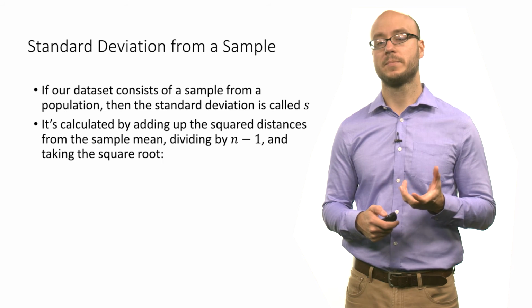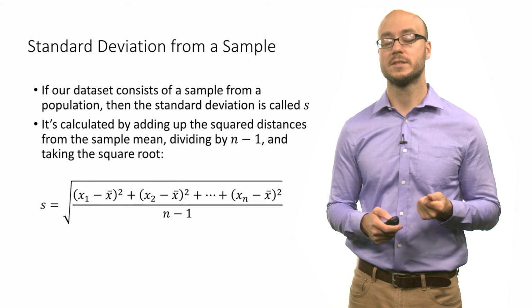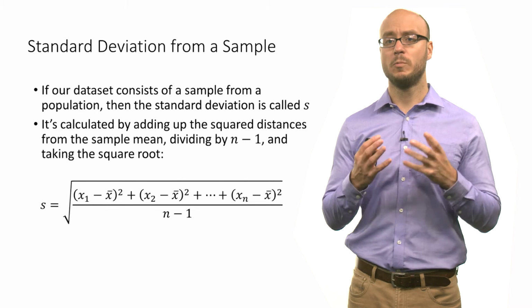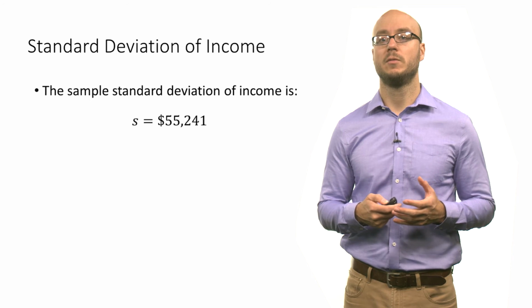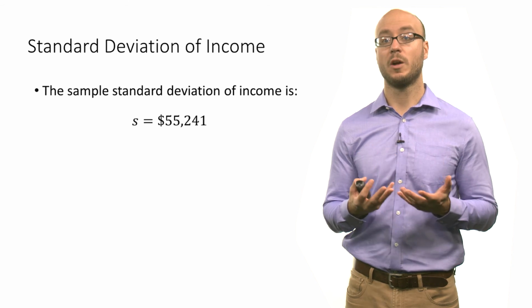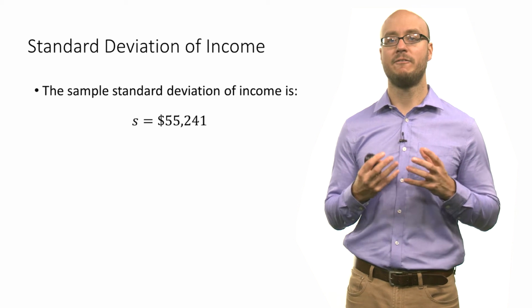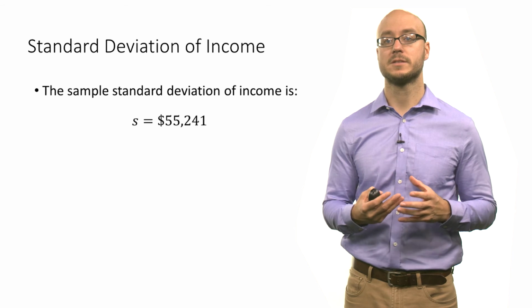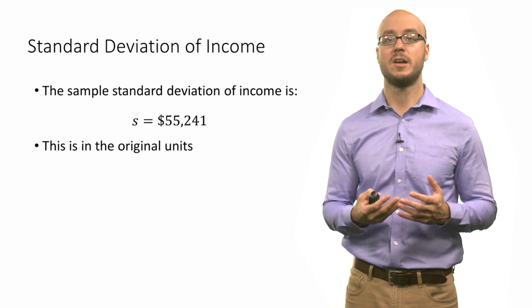For the sample standard deviation, you just take the square root of the sample variance. So for our income data, we want to calculate the sample standard deviation. We do this very easily with statistical software. If you take the square root of our sample variance, we get a standard deviation of about $55,000. This is in the original units, unlike the sample variance, so it is in US dollars.